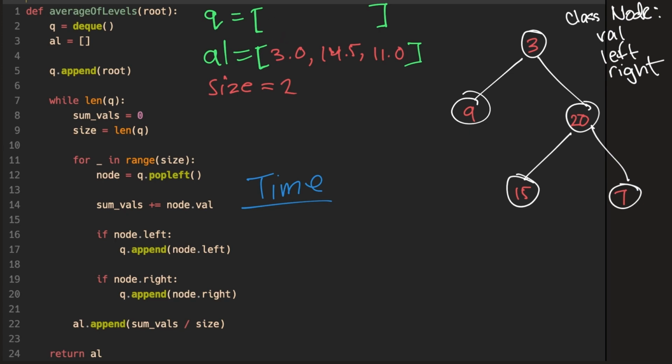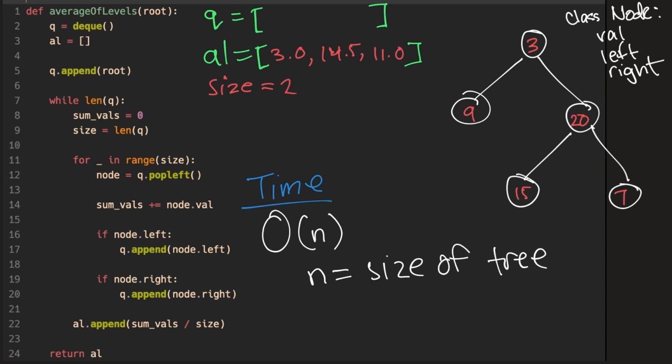So that means that our time complexity is big O of n, where n equals the size of tree. So our input is the tree, and our algorithm needs to touch every element in this tree. So as this tree gets larger, the time complexity of our algorithm will scale linearly with the size of the tree. And it's pretty straightforward.